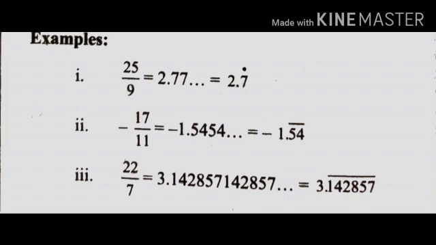As here it's a set of numbers which are getting repeated, we will put a horizontal line above the numbers 5, 4, because this is a set of numbers which is being repeated.